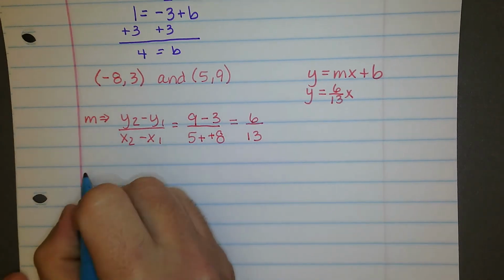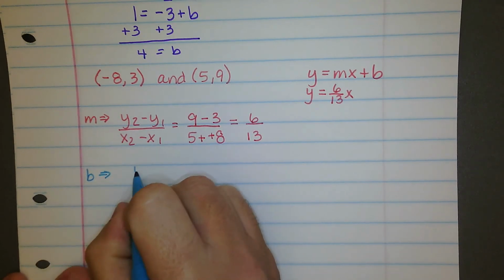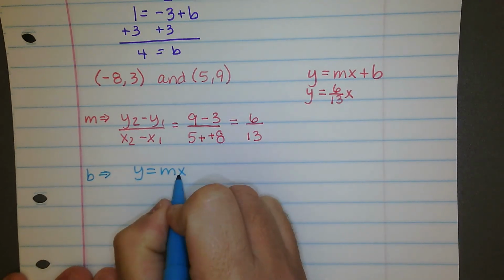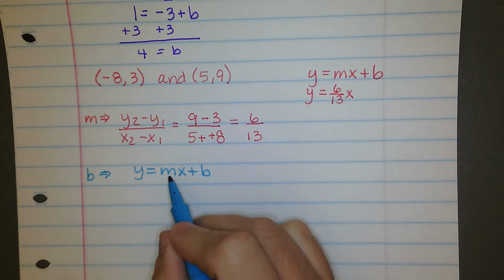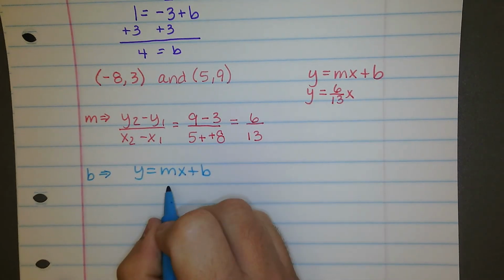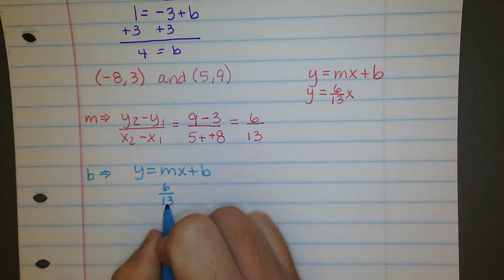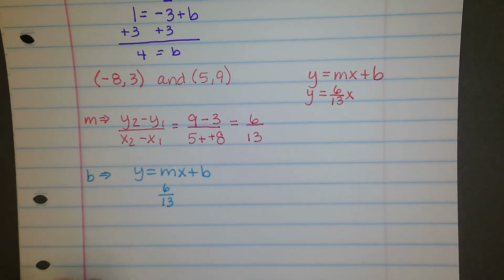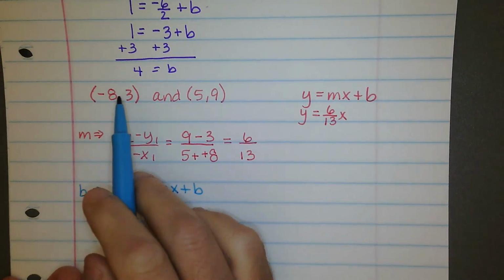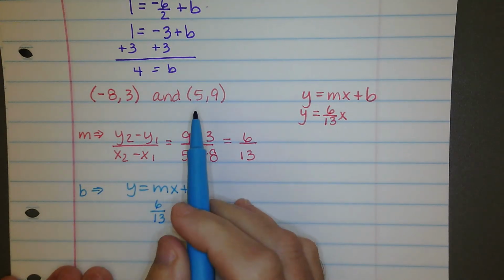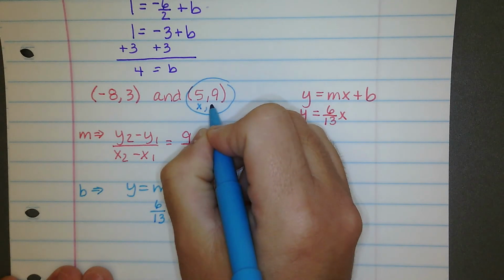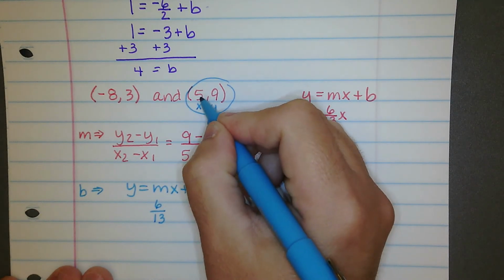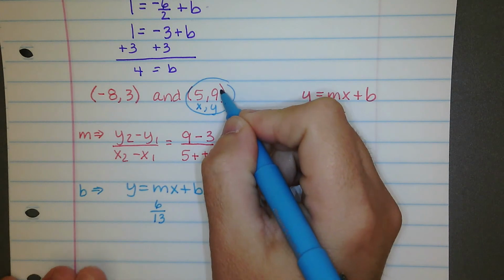So in order to find the b, again, we're going to write y equals mx plus b. We are going to put the m that we found into the m position, which is 6/13. Then we're going to choose a coordinate. Now, remember I told you I like to choose positive coordinates. So I'm going to choose (5, 9) and replace the x with the 5 and the y with the 9.